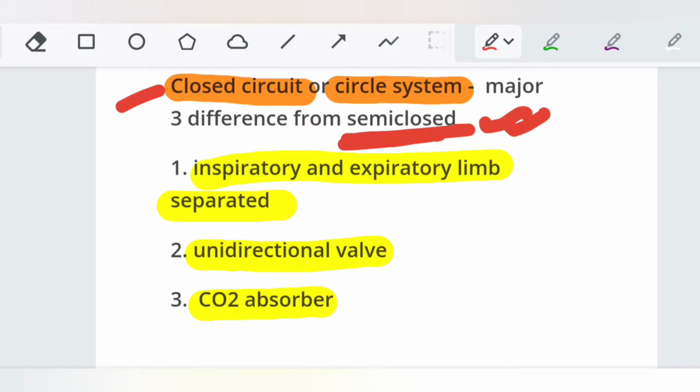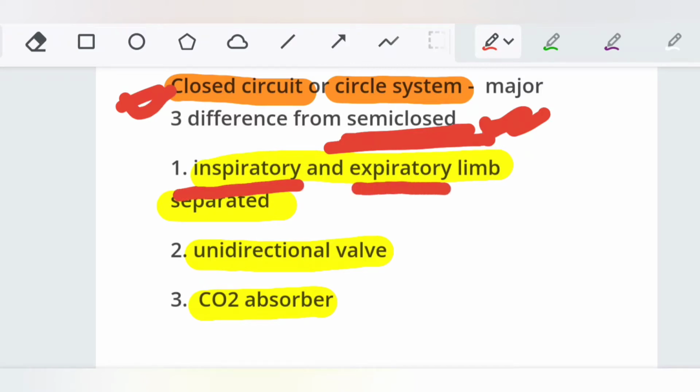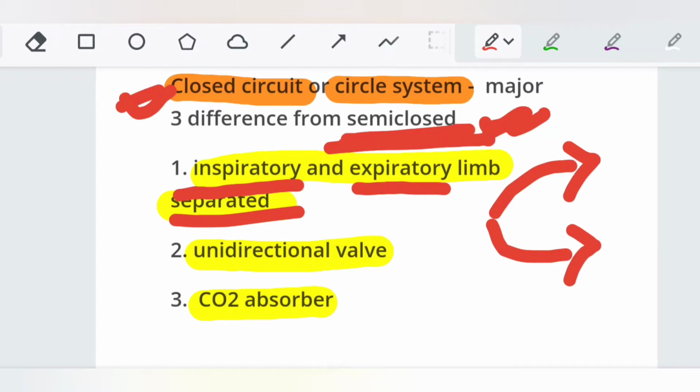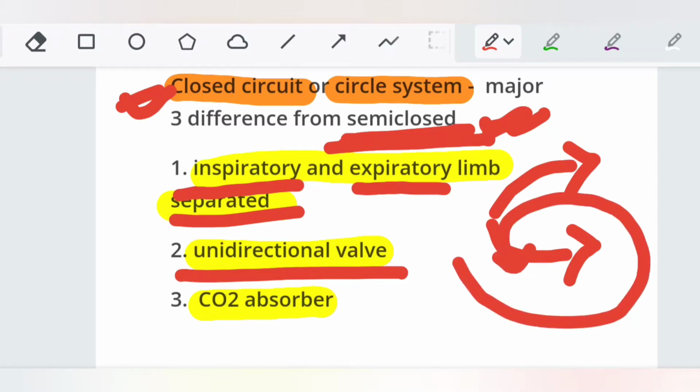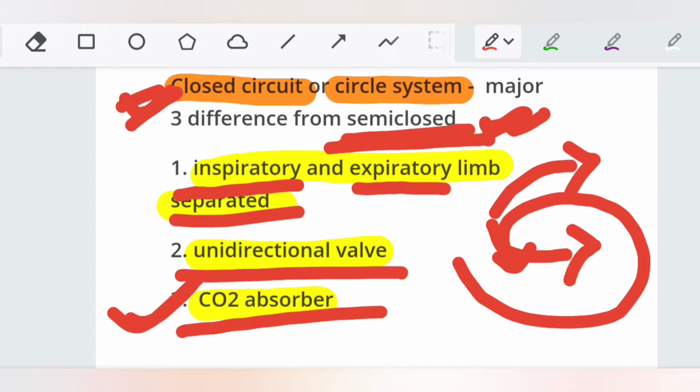In a closed system, the inspiratory and expiratory limbs are different. The valves are also unidirectional, so the flow of gases and oxygen is only in one direction, not in either direction. Here a CO2 absorber is also needed, because it is a closed circuit. Whereas in semi-closed we didn't have any CO2 absorption facility.